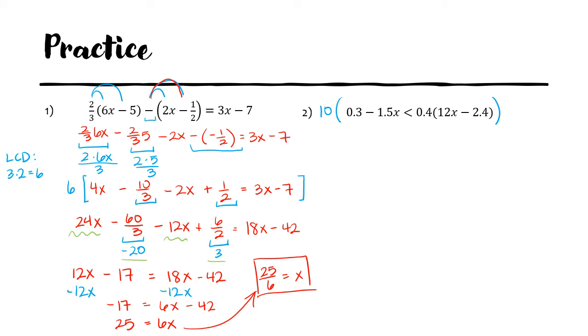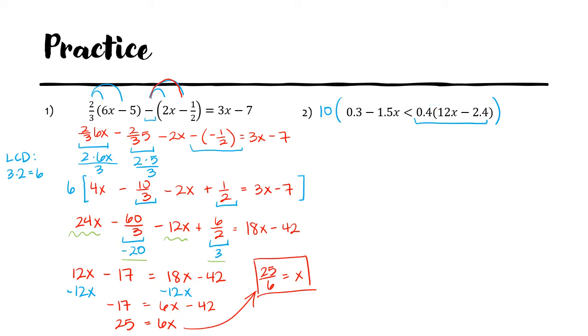I do want to call out before we actually do that step. Right now, the right-hand side of this inequality is one term. There are two things being multiplied together. One of those things is separated by subtraction. But because the main operation here is multiplication, this is treated as one term.